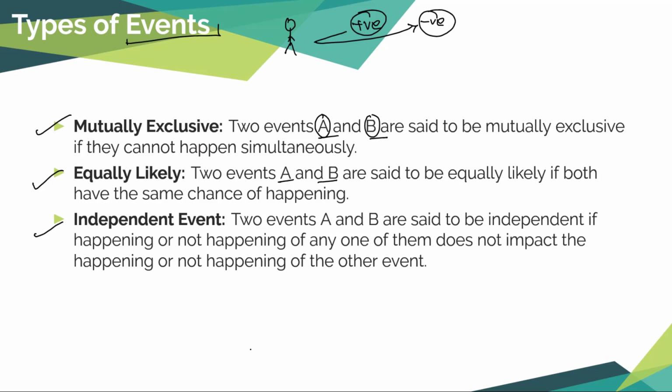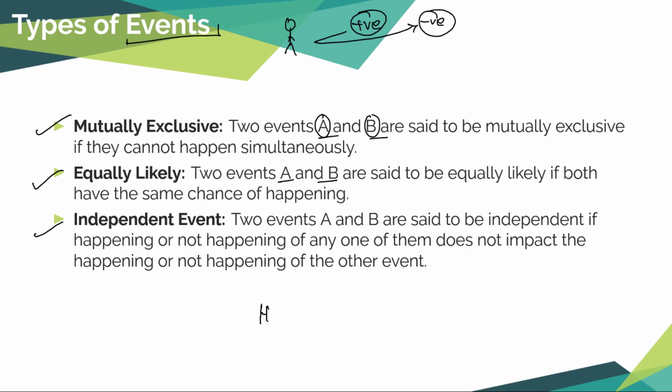However, there are certain situations when one event impacts the happening of the other, right? Let's say, for example, the successful completion of a task is dependent on a prior task. Let's say you cannot appear for the HS examination until and unless you pass HSLC, right?